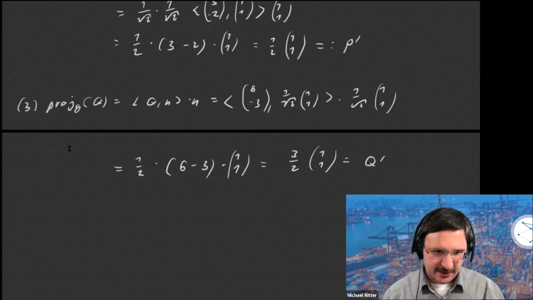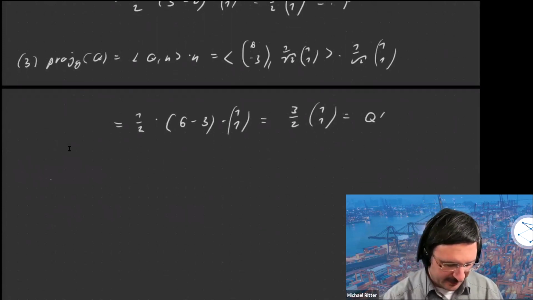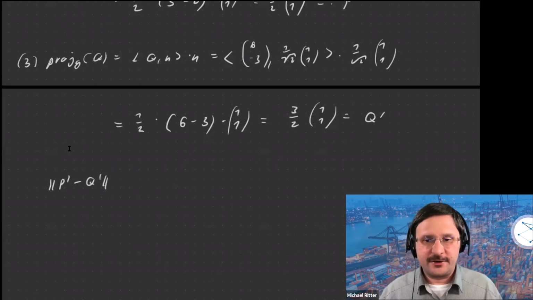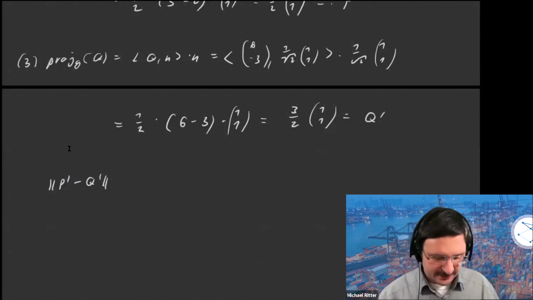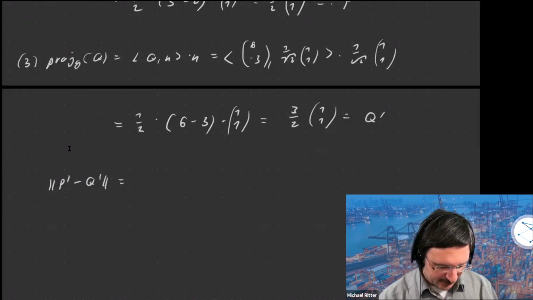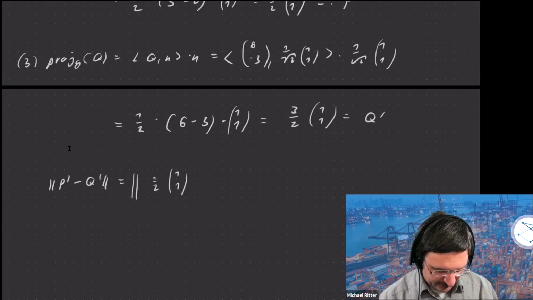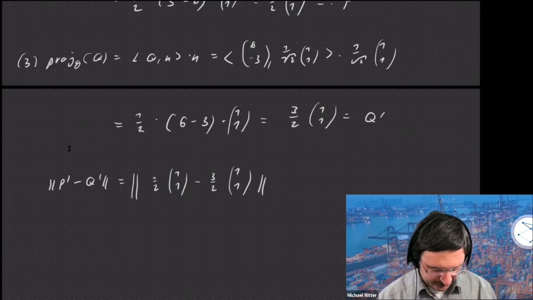And of course, now we can easily compute the length of that projection by just taking the difference of those two vectors and then computing the norm. So the difference is, let's see, 1 over 2, 1, 1 minus 3 over 2, 1, 1.